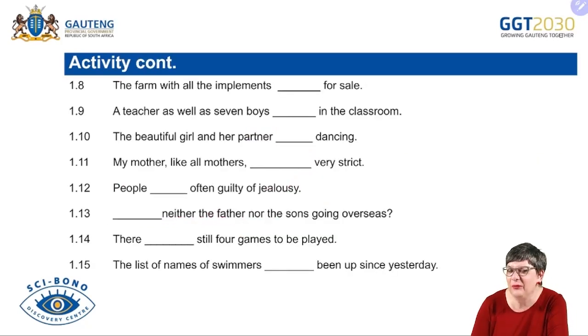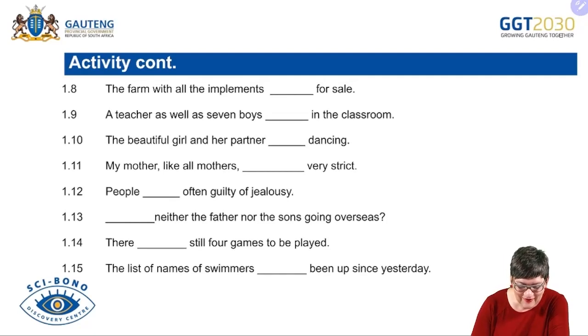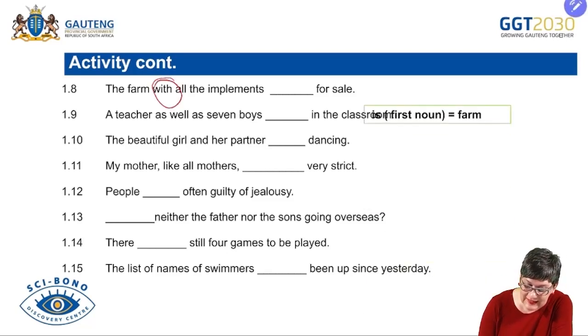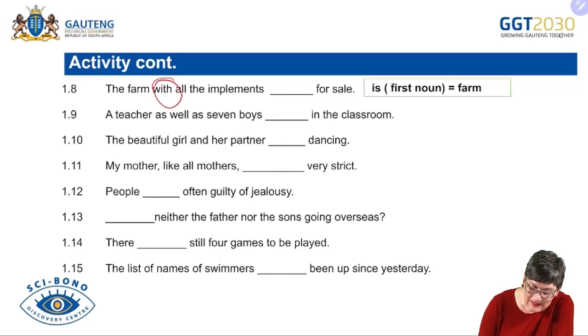Let me run it through you. It's much easier. Right, so the farm with all the implements. Now remember, with means we look at the first noun. So our answer here is going to be is, because farm is the first one and it's singular. That's why we're using is.